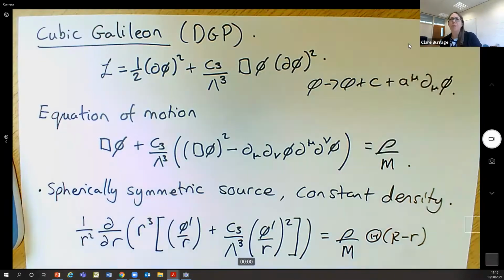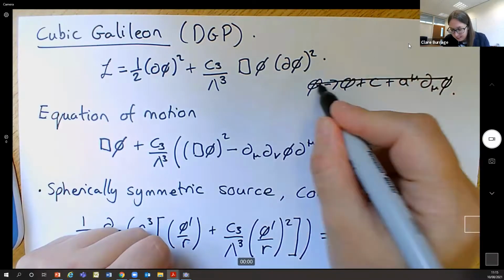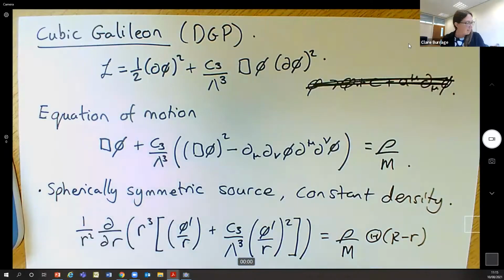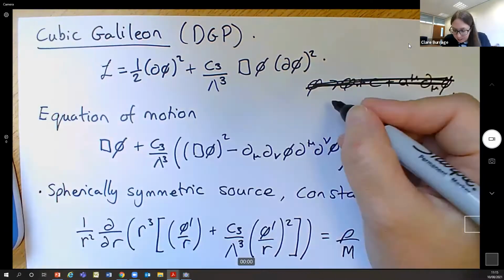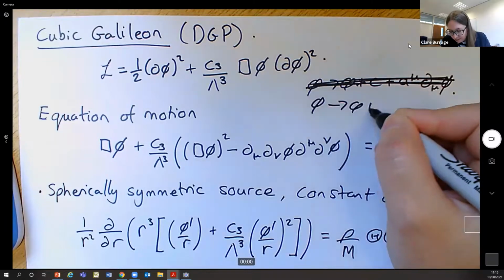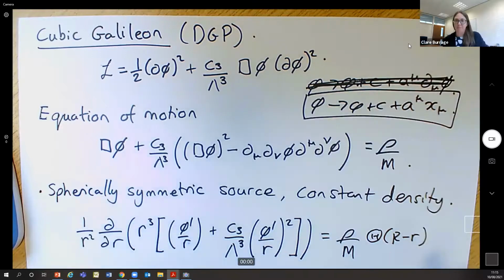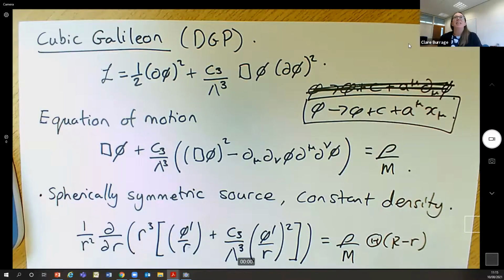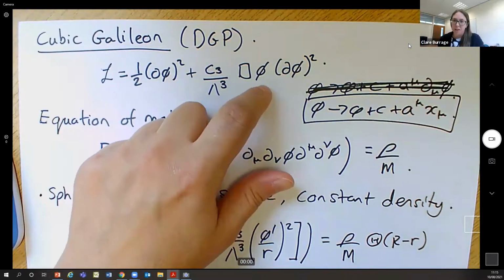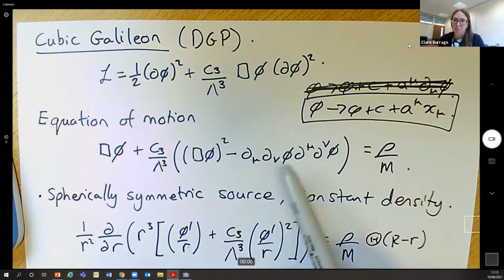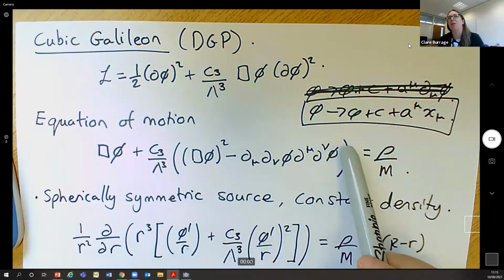So I'll write that. Let me write that again. This is the symmetry of the theory. So there's another reason that these terms are special, not just because they give you second order equations of motion, but because they're invariant under this symmetry of the theory.